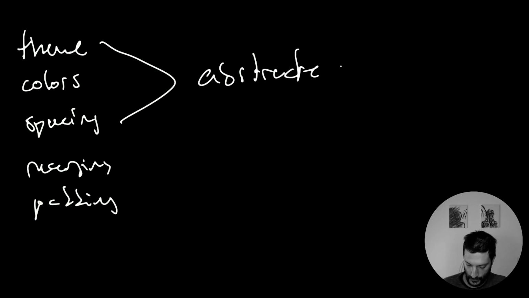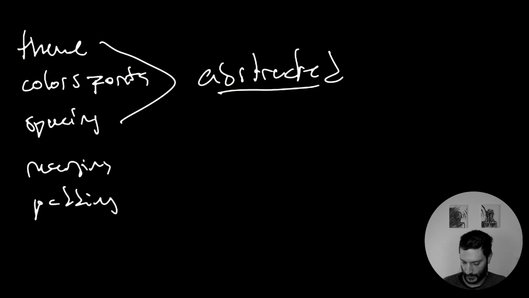So you always reuse your theme with all of these. Here we can also put the fonts, right? We already did this before. So theme, colors, fonts, spacings can be abstracted so that you always use the same constructs, and in that case you keep a way of doing it, and it's more consistent across your application.